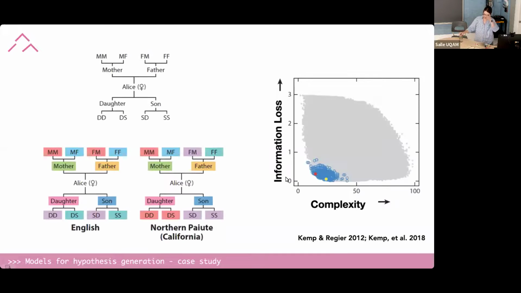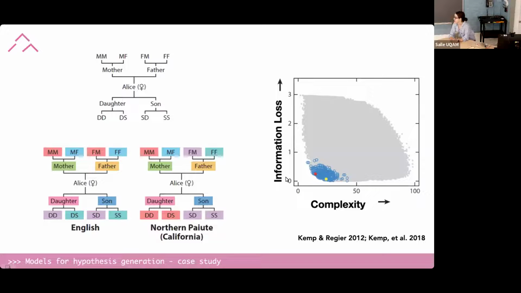An example of this, from semantic systems, is around kinship systems. Here's an example where we have English and Northern Paiute. In English, we don't make the distinction between your paternal or maternal grandmother, right? They're both grandma or nana or mammy or whatever.